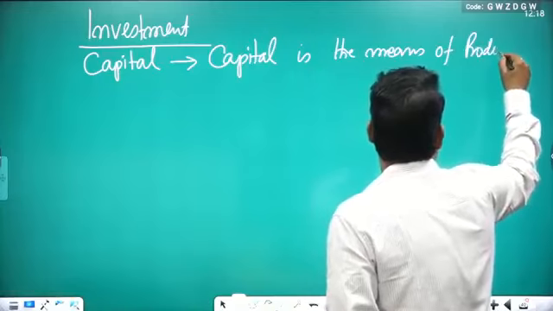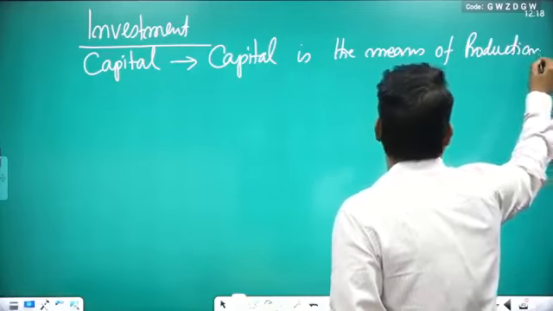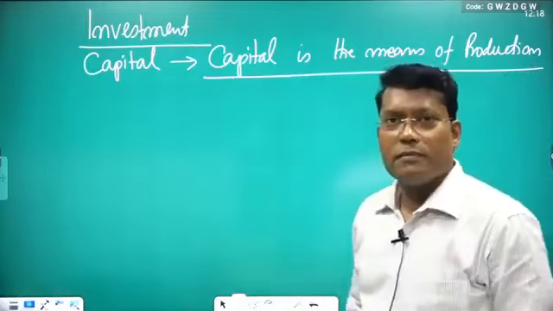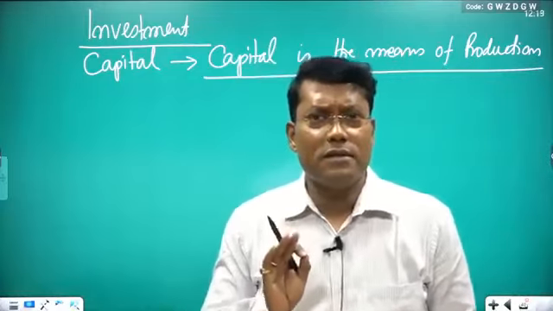Simple, in one line. Capital is the means of production. That is simple language and simple words.